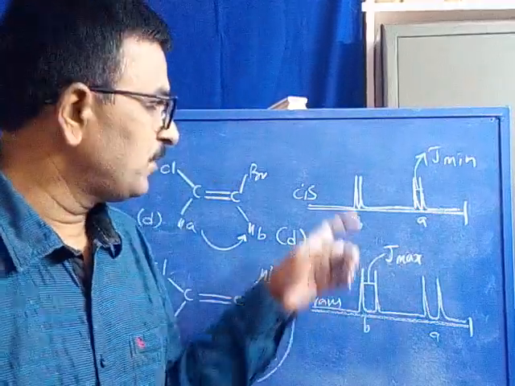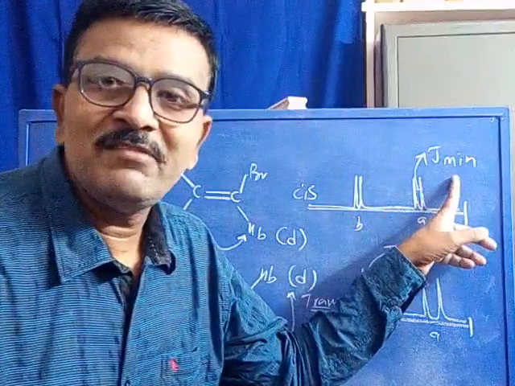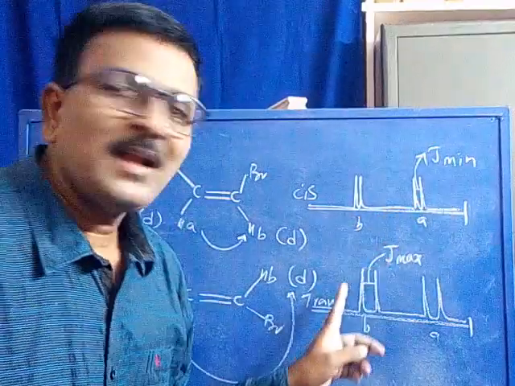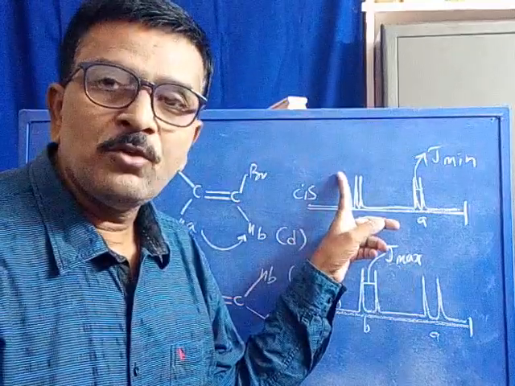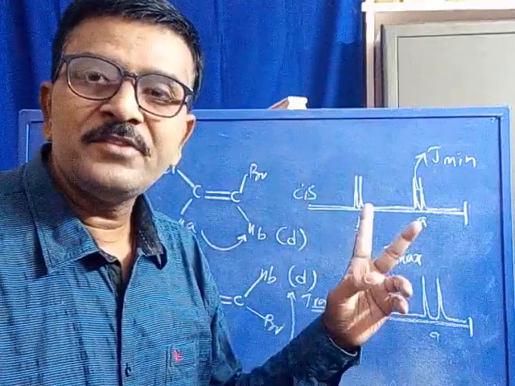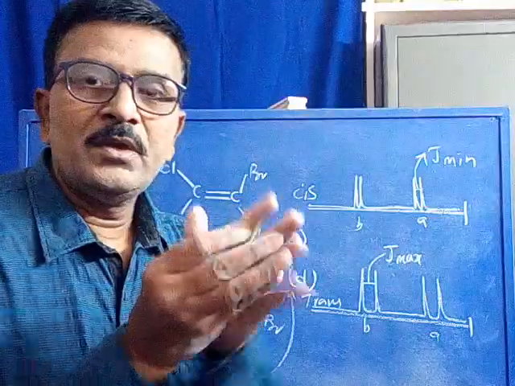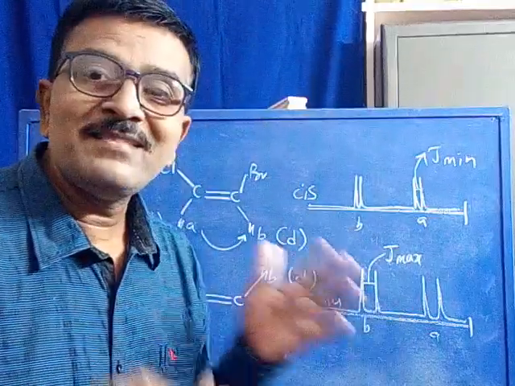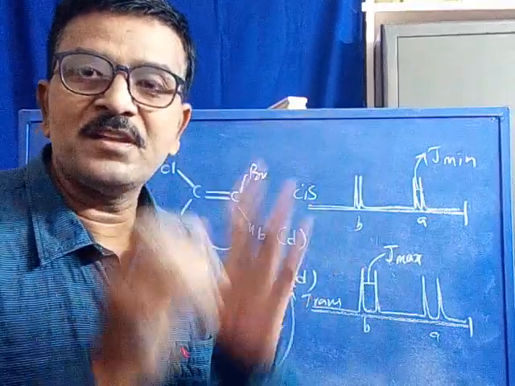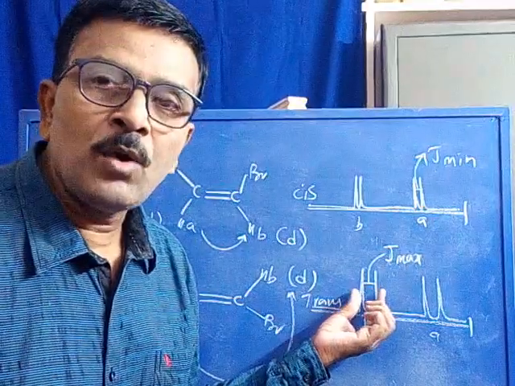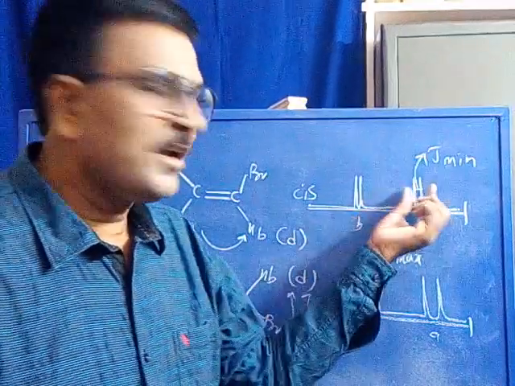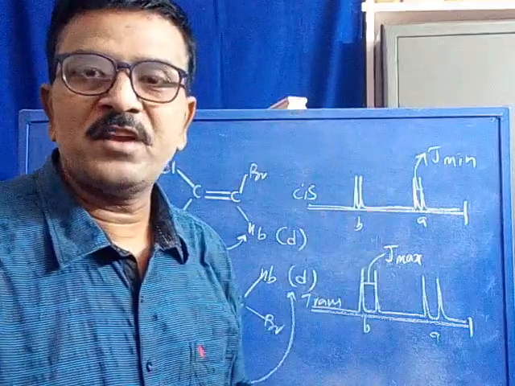This is the difference. In the cis isomer, the J value is less. In the trans isomer, the J value is more. That means in the cis isomer the lines of the doublets are very close, whereas in the trans isomer the lines of the doublets are far away from each other. There is some distance. So the difference is more for the trans isomer. The difference between the lines is less for the cis isomer.